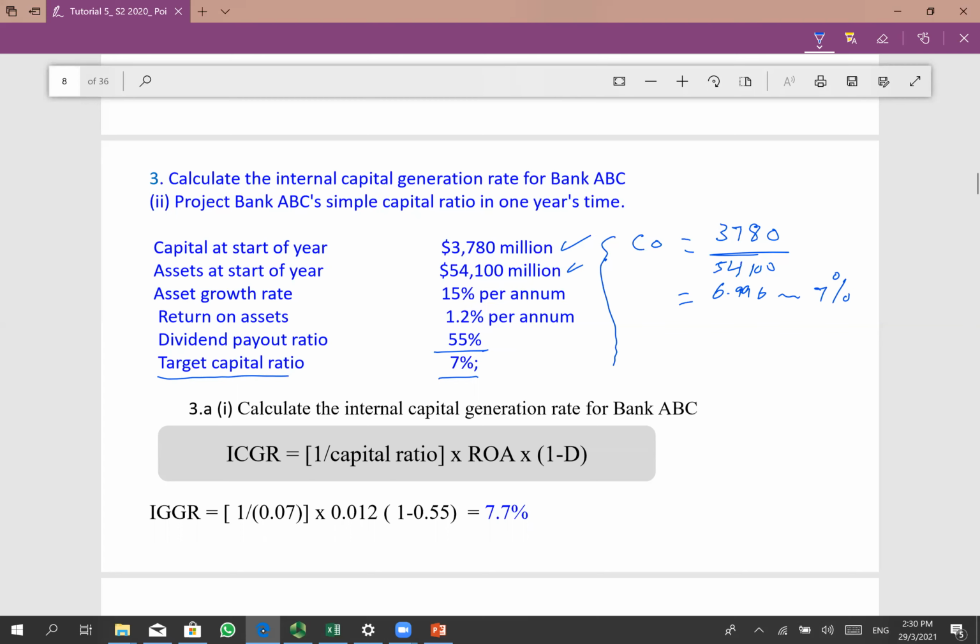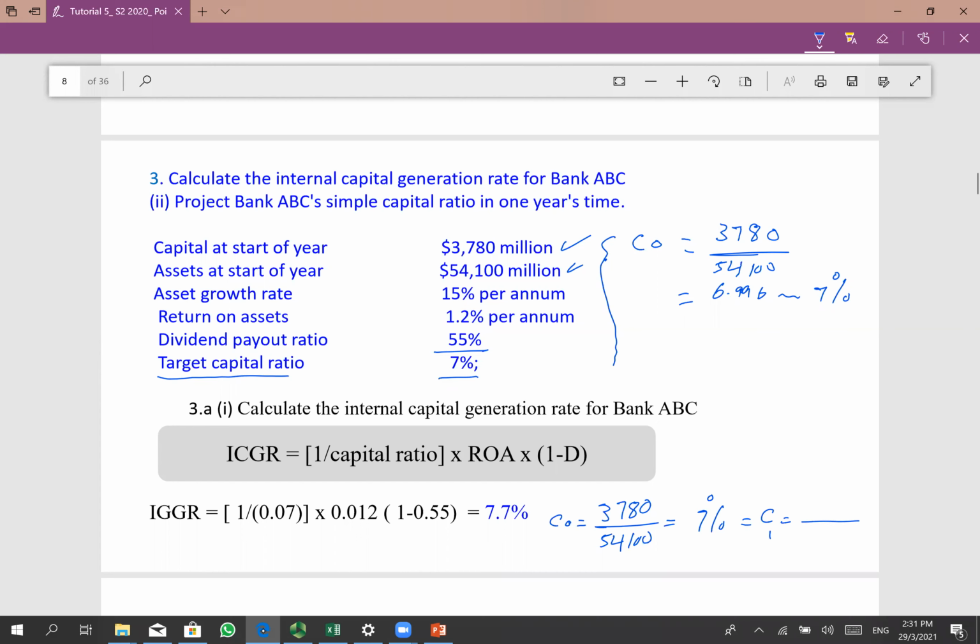Now this model is telling you that whatever increase happens in your capital through the retained earnings, you go and increase your assets by the same proportion. In other words, if I have now 3780 over 54,100 at the beginning of the year, which is 7%, then in year 2 you should have the same target.